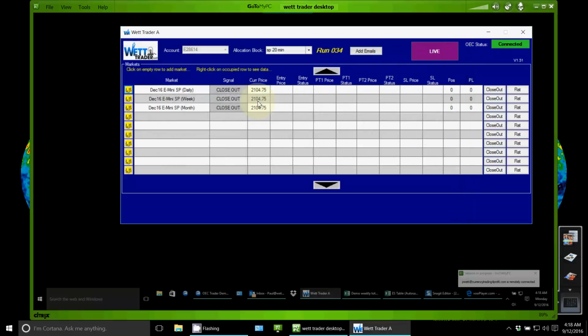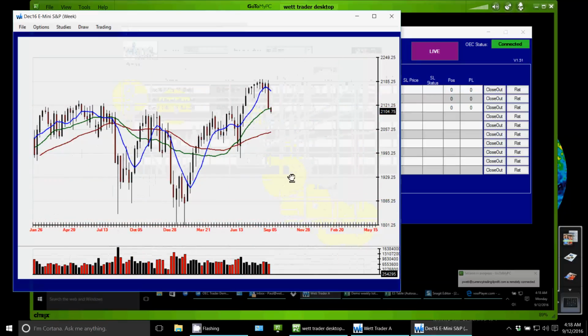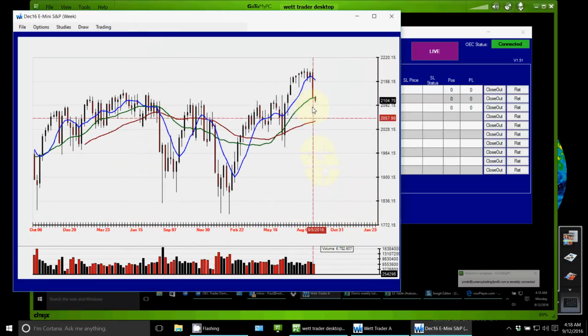So for you folks, our software will not get into these trades until we find the support near a moving average. So obviously here on the weekly chart, we have a buy at that 1981.50 we had discussed.